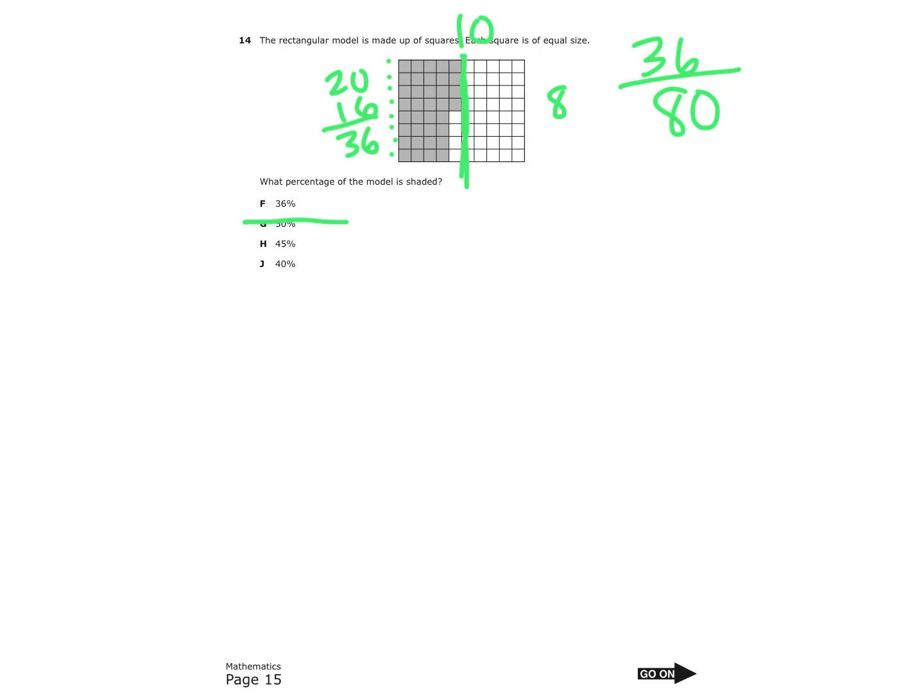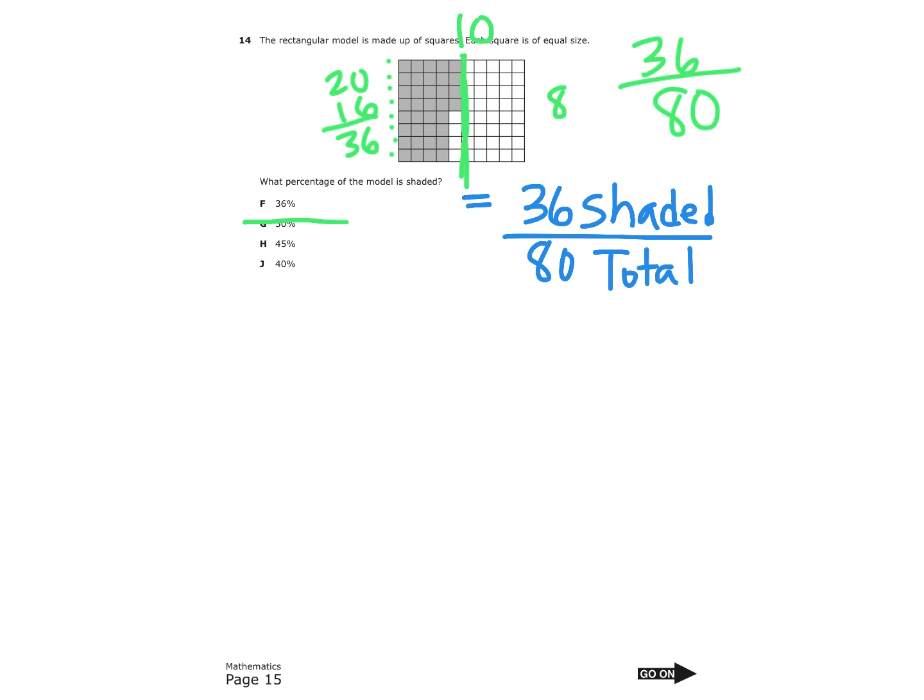So let's see. What we have here is we have what percentage of the model is shaded. So you have 36 that are shaded out of the total, 80 total. And then we have to convert that to a percent. So 36 out of 80, and then multiply by 100.